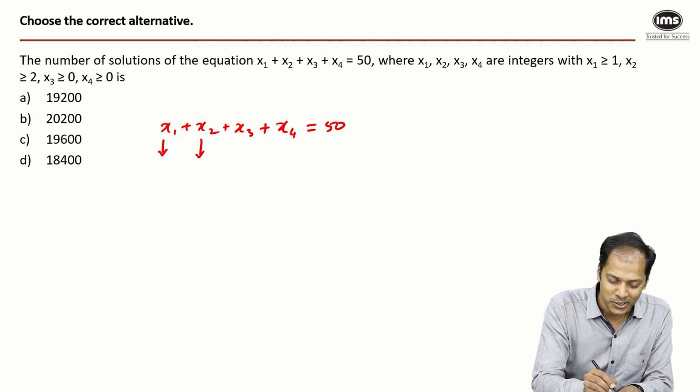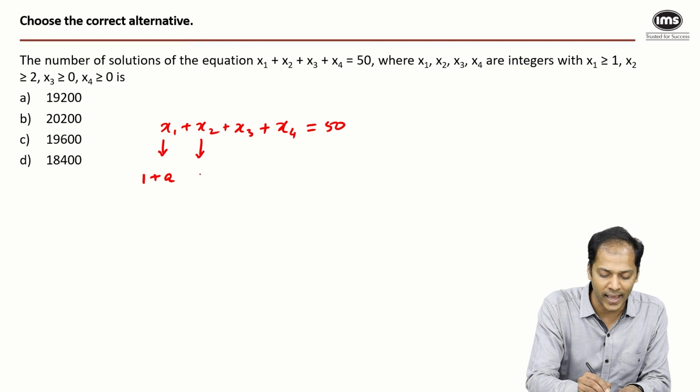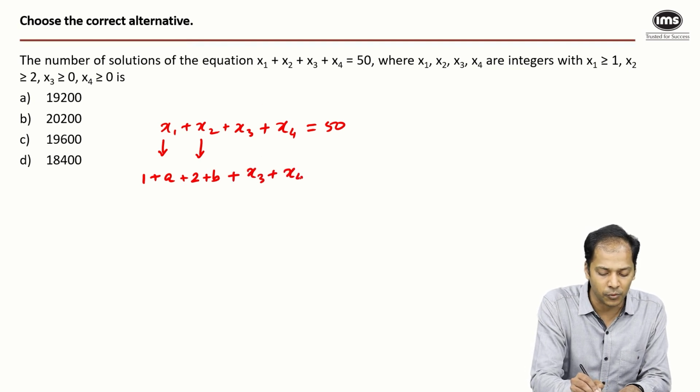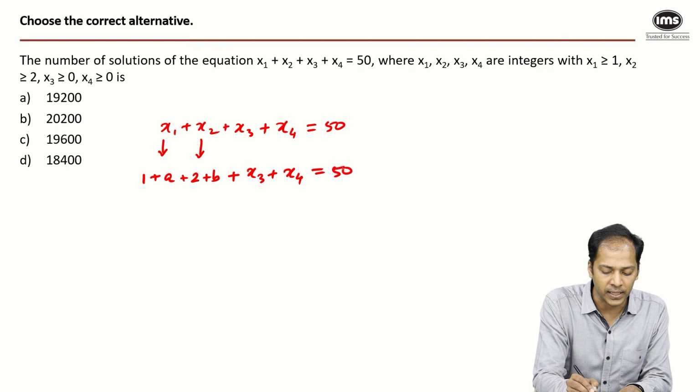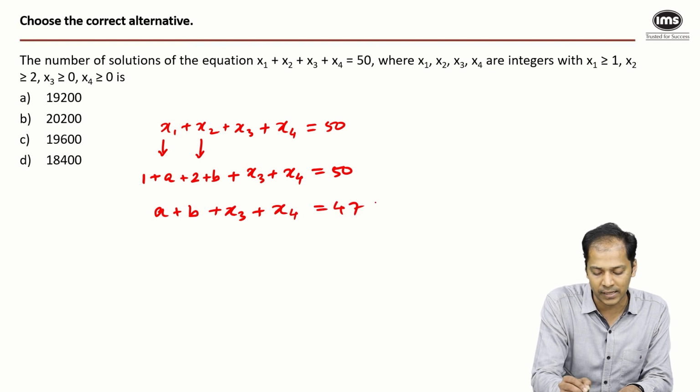So here I'll use x1 as 1 plus a, and x2, because its minimum value is 2, as 2 plus a new dummy variable b, plus x3 plus x4 equal to 50. 1 and 2 go on the other side, so you get the equation a plus b plus x3 plus x4 equal to 47.